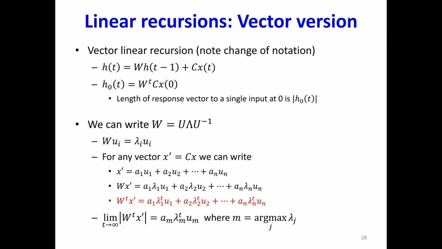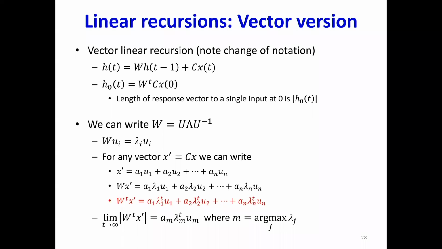Now, because these eigenvectors represent independent directions, I can write any vector x as x equals a1 times u1 plus a2 times u2 plus a3 times u3, and so on. I can represent any vector in terms of the eigenvectors of my W matrix because they represent independent directions.